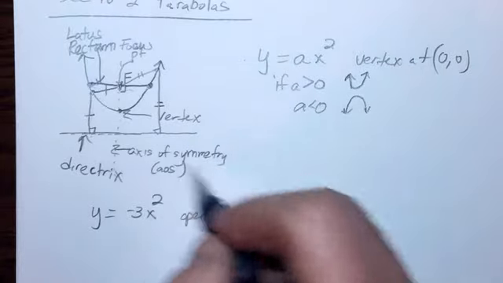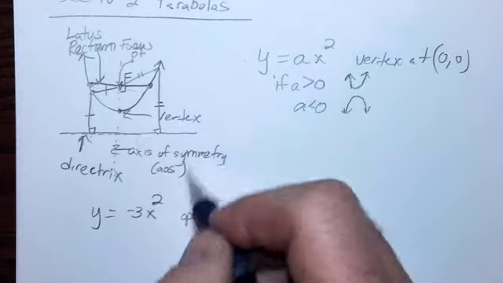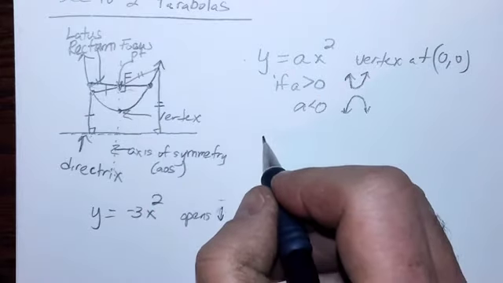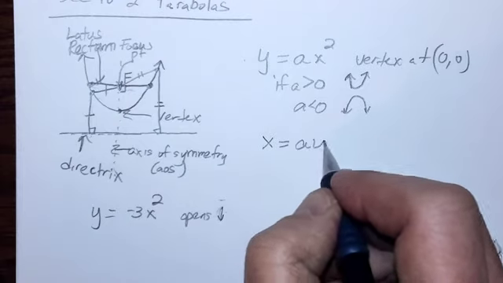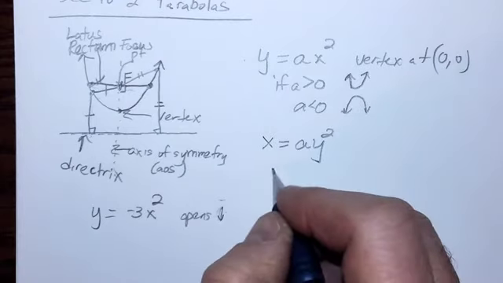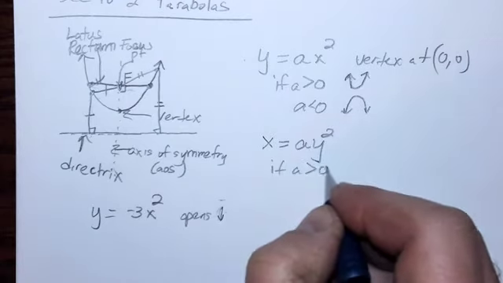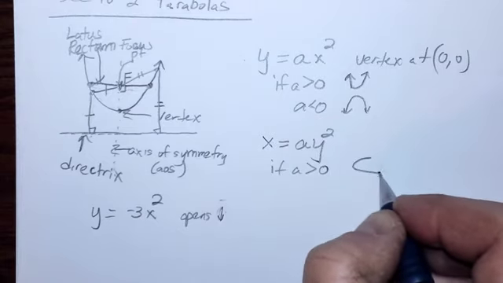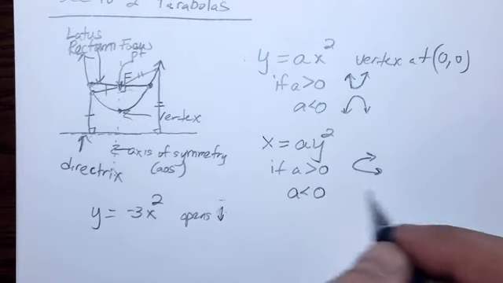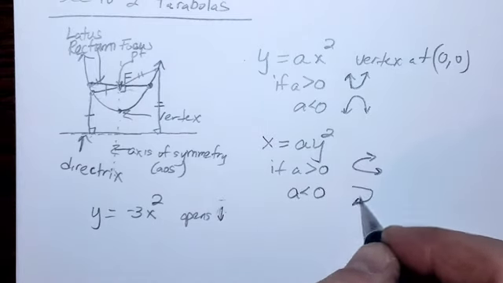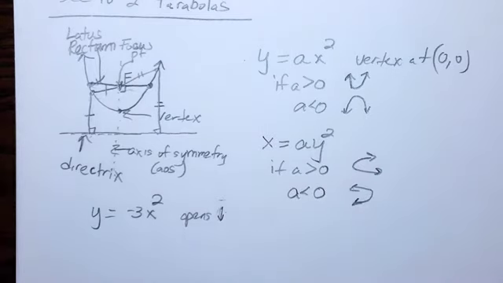Now we could have parabolas that open to the left and to the right as well. Those equations are x equals ay squared. And again, if a is greater than 0, the parabola opens to the right. If a is less than 0, the parabola opens to the left.